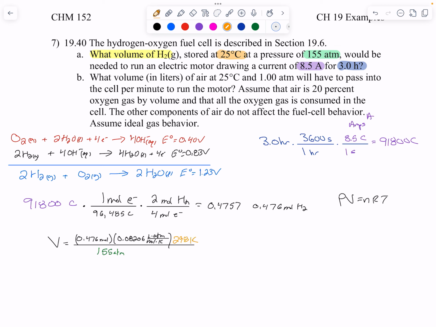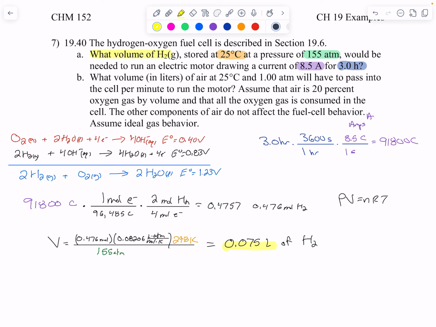So 0.476 times 0.08206 times 298 divided by 155 gives 0.075 liters of H2. So that's A right there.